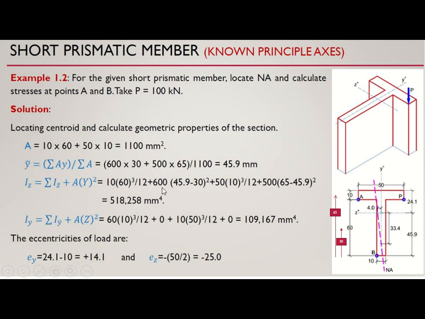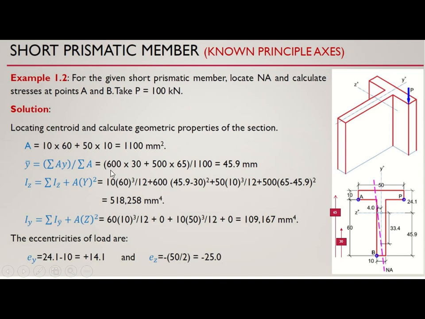So we calculate, basically, this is for body 1 and this is for body 2. So this is 10 into 60 cubed divided by 12, plus 600.